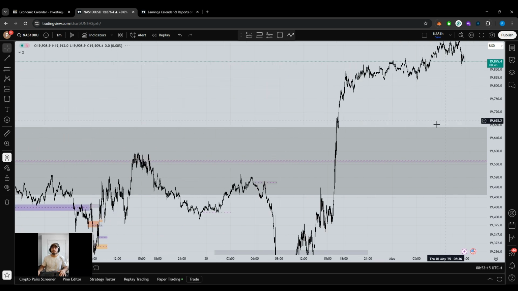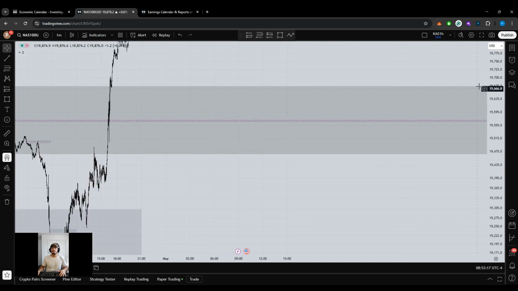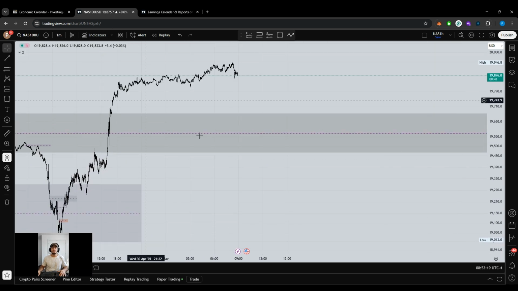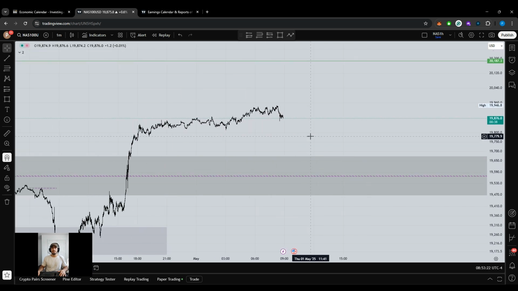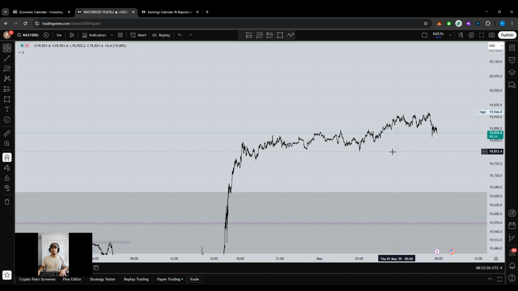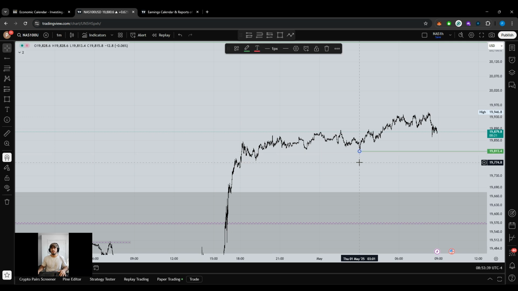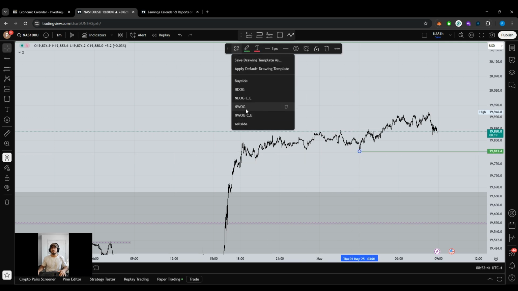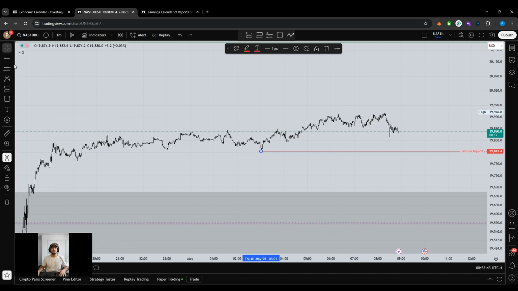Maybe a comeback and tap into this level. So for this morning, break below this is bearish. Break above this, bullish.